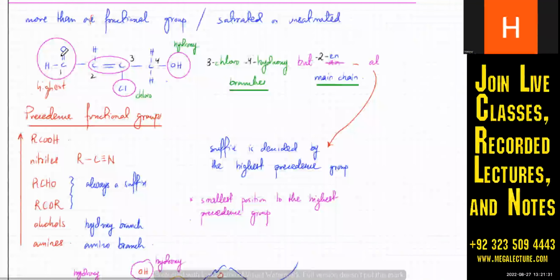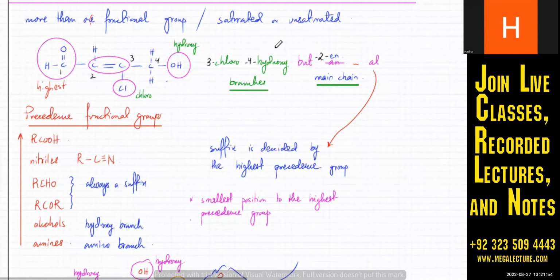You're going to count everything from this side. So it's 1, the double bond is on number 2. So it's EN, and in front of it, you write the position of the double bond, which is 2. Every other thing is now a branch. You've got 2 branches, an OH branch and a Cl branch. If an alcohol is a branch, it's called a hydroxy branch. If a chlorine is a branch, you call it a chloro branch.